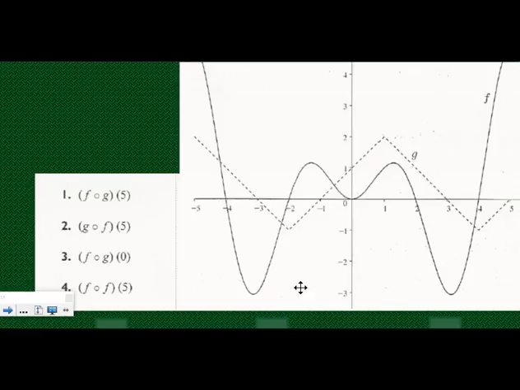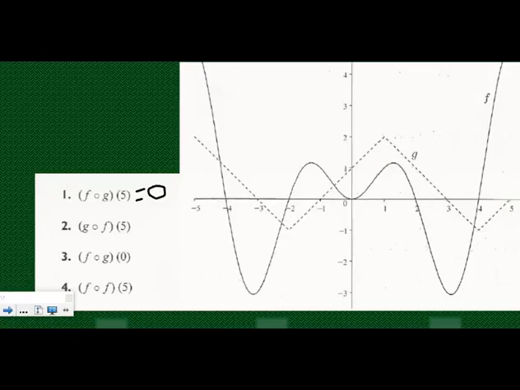When x is 5, the value of g at x equals 5 is 0. So g of 5 is 0. Now we need to plug that into f. What is f of 0? Well, when x is 0, f is 0. So f composed with g of 5 is 0.